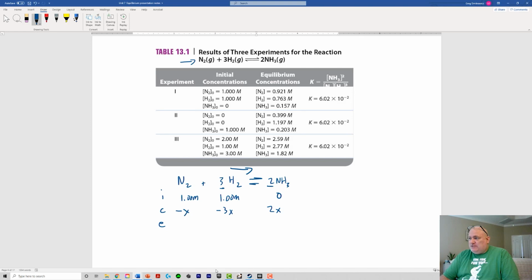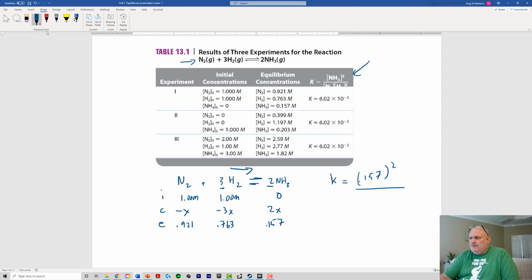And at equilibrium, they give us the equilibrium concentrations, I'm just going to write them in here: 0.921, 0.763, and 0.157. And if I were to use my equilibrium expression and plug those equilibrium values in, I'd have 0.157 squared, and then on the bottom, N2 and H2, where you can see the numbers have already been set up, although it's covered a little bit.